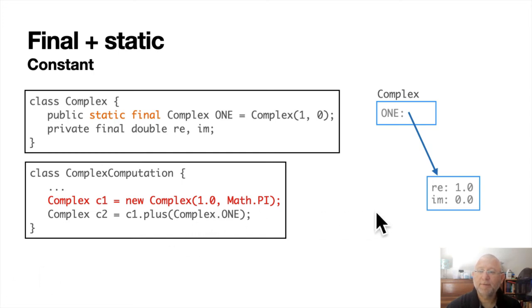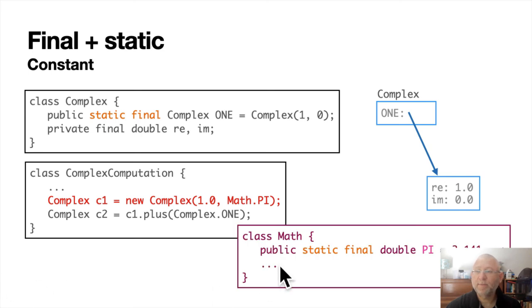So when I create a complex number C1, I'm passing the real value 1.0, but the imaginary value is Math.PI, which is its own static final field in class Math. So somewhere there is a class Math, and it has a public, static, and final field called PI, which is a double, and it has the value of pi.